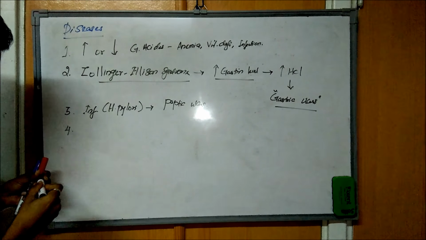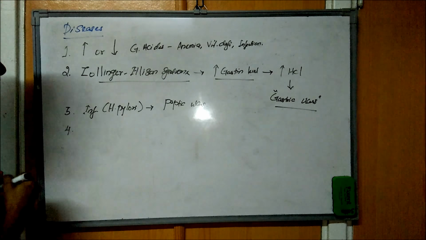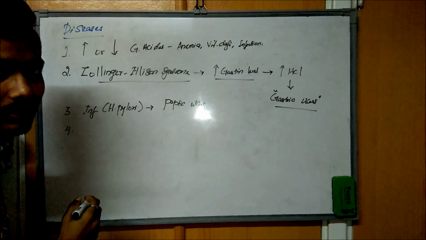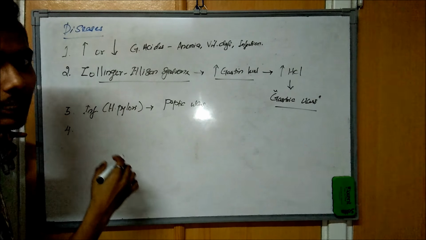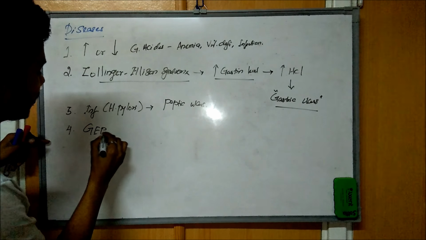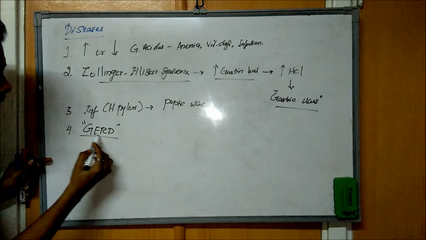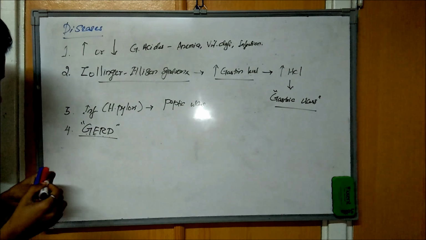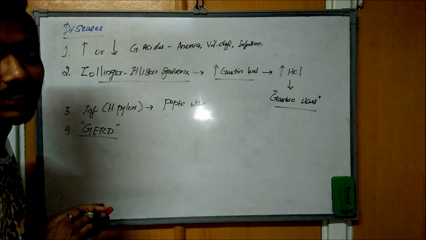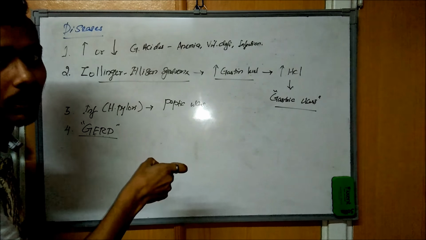And then we have GERD syndrome, which is called gastric esophageal reflux syndrome. We already discussed the sphincters. When I have a problem with the sphincters, they do not close properly.